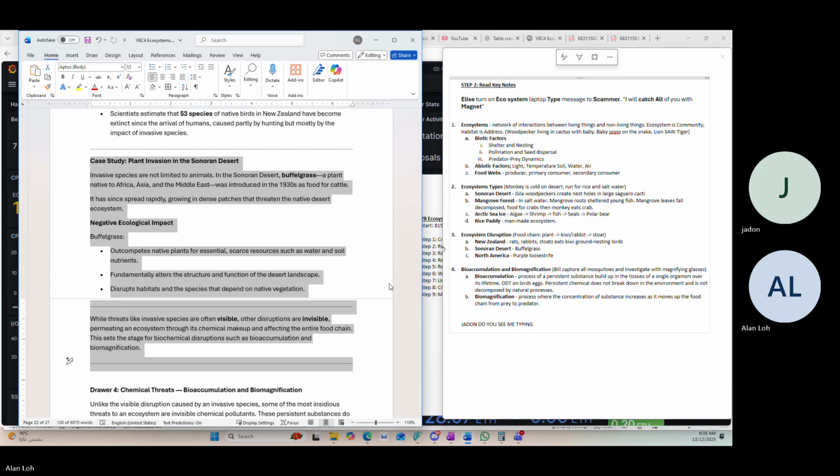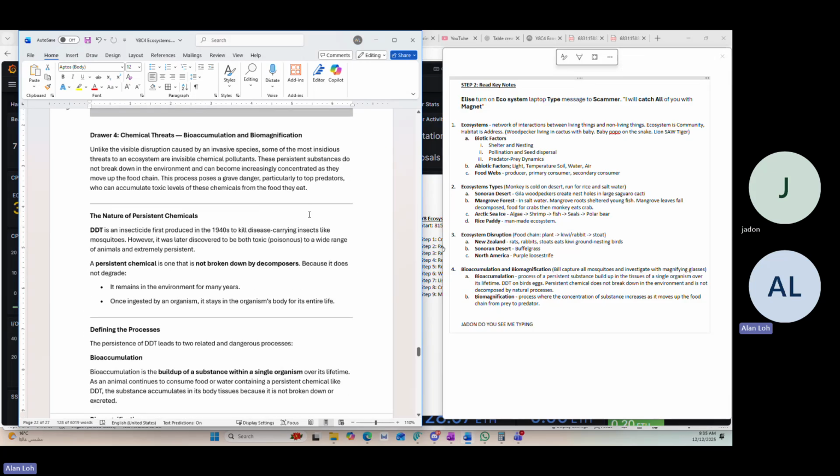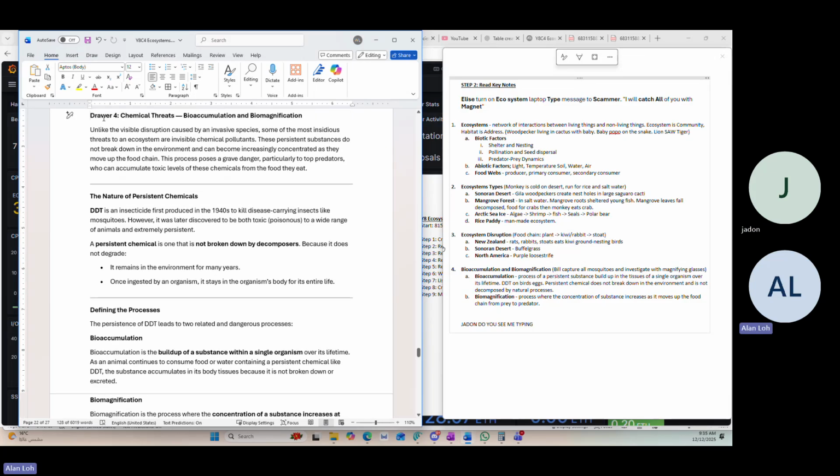Okay, now let's go to drawer number 4. The bioaccumulation and the magnification. Let's do this small part.